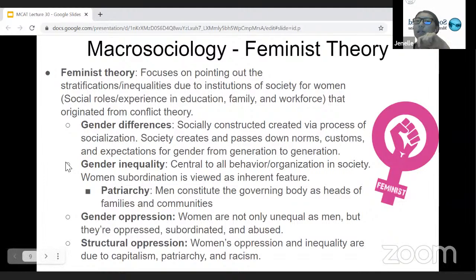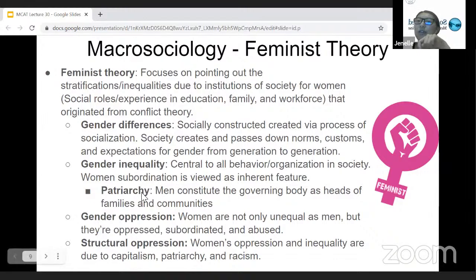Another focus is gender inequality, which is central to all behavior and organizations in society. It's also usually seen as under a patriarchal society, where women's subordination is viewed as an inherent feature.